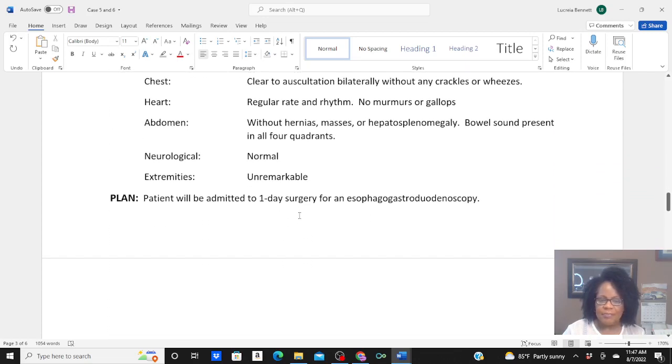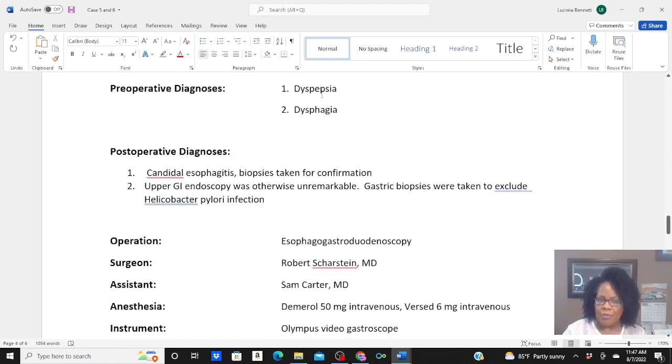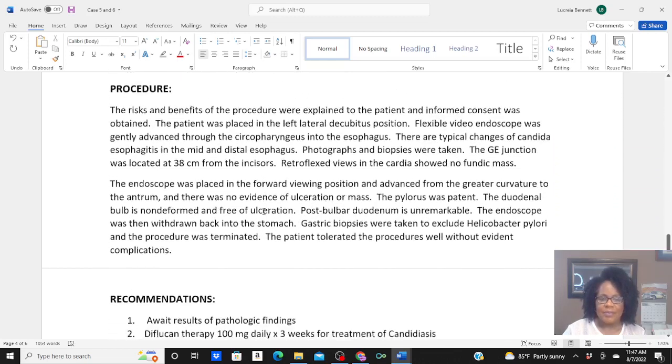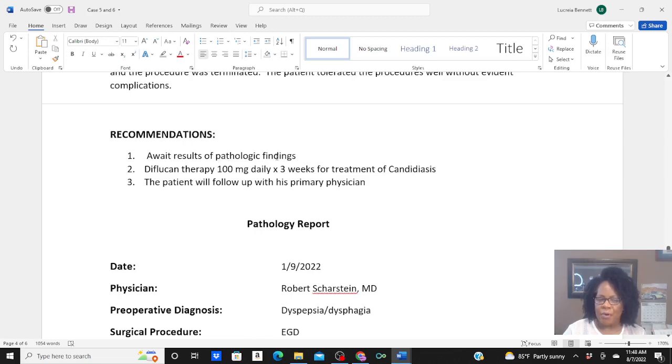Here's your history. The plan is to admit the patient for an EGD. There's the EGD. The pre-op was the dyspepsia and dysphagia. Afterwards, it was found to be candidal esophagitis. Biopsies were taken.